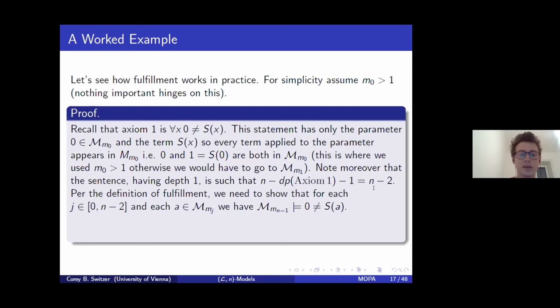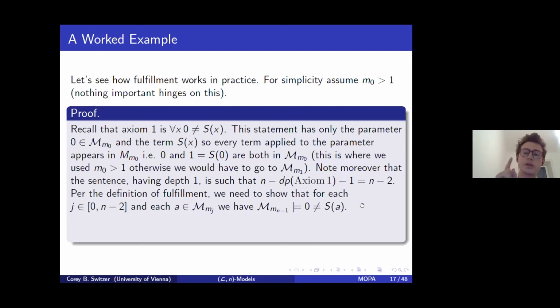Now, per the definition of fulfillment, what we need to show is that for each j between 0, where all my parameters live, and n minus 2, and each a in m sub j, that in m sub n minus 1, because this is an atomic sentence now, we remember that fulfillment for atomic sentences meant that it's true in the top model. So for each a, the top model thinks 0 is not the successor of a.